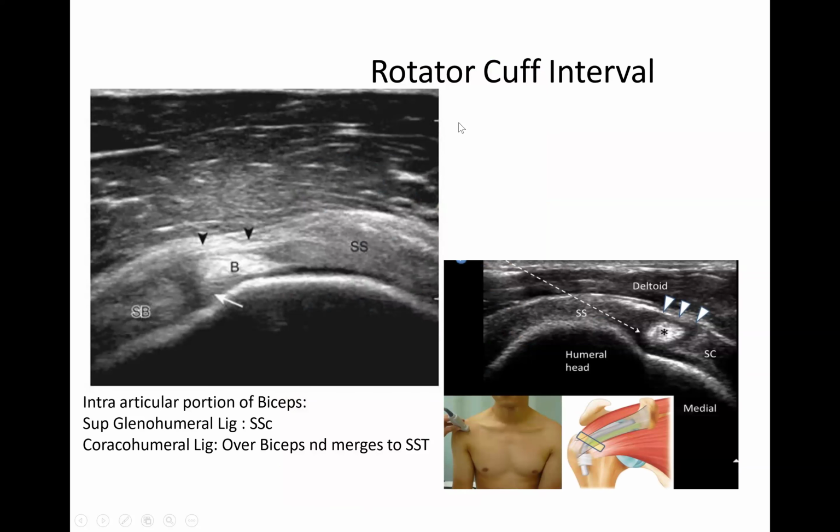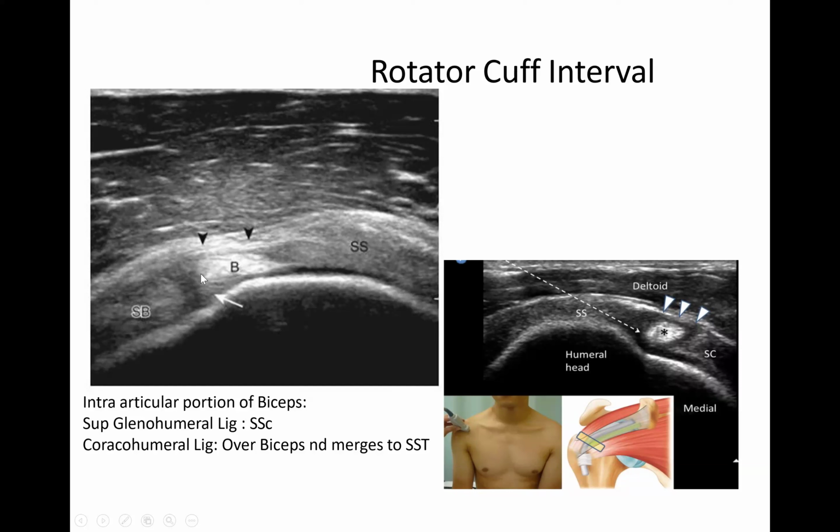Then coming to the rotator cuff interval, we keep our probe like that. We examine the biceps in the short axis and keep on moving our probe a little up and turn the probe a little oblique so that the medial end is towards the subscapularis, and lateral is where we see the supraspinatus, and in between lie the hyperechoic fibers of the biceps tendon.